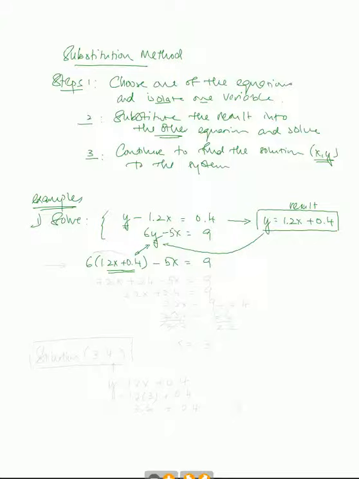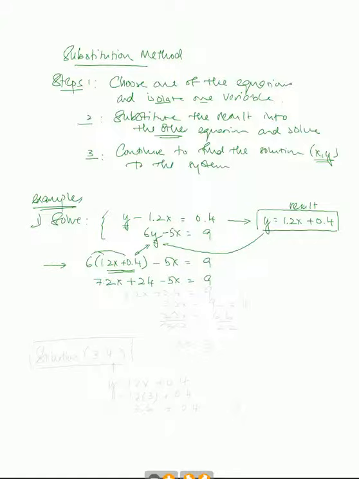Okay, now we have this new equation that is only made up of one variable. And all you have to do now is to distribute. So 1.2 times 6, it comes out to be 7.2x plus 6 times 0.4 is 2.4 minus 5x equals 9.